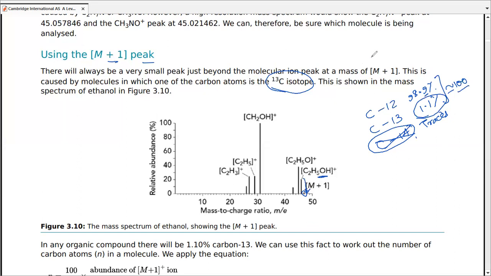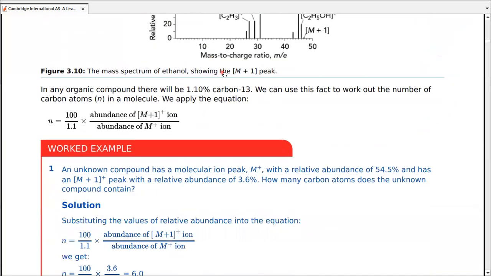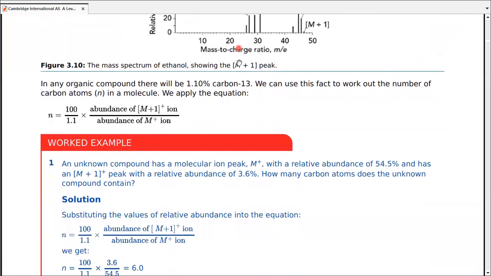And this 1.1% value is then used to calculate the number of carbon atoms in an organic compound, the most common question you're going to see in past papers. We use this formula to calculate the number of carbon atoms in a compound. So out of the 100 total, 1.1 is the carbon 13 percentage.